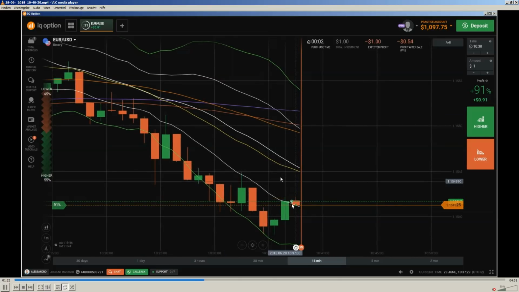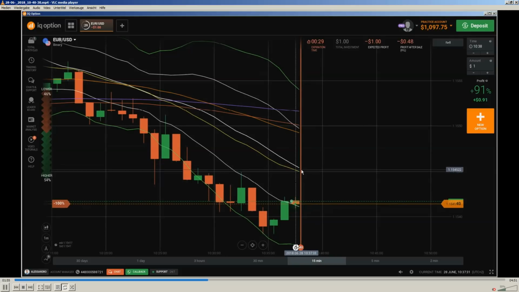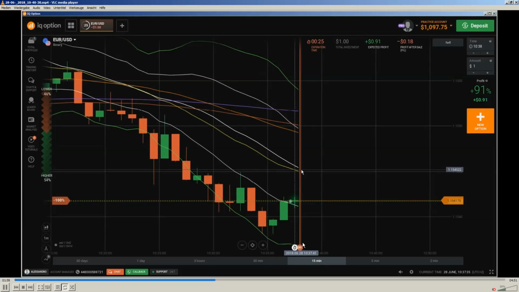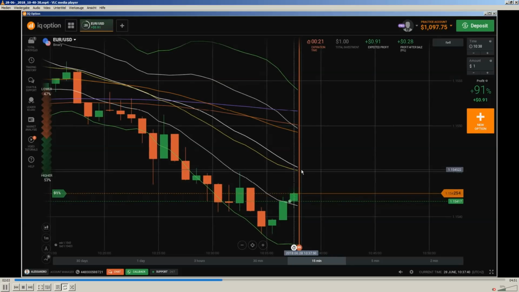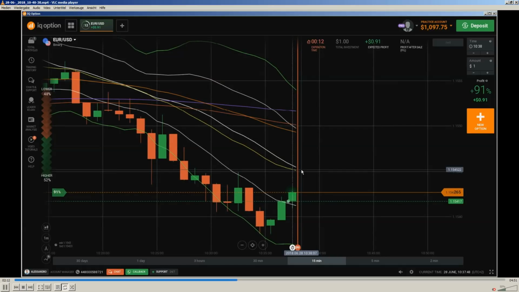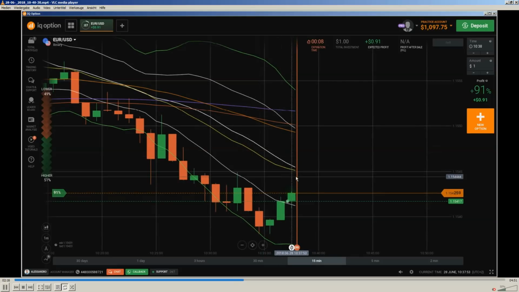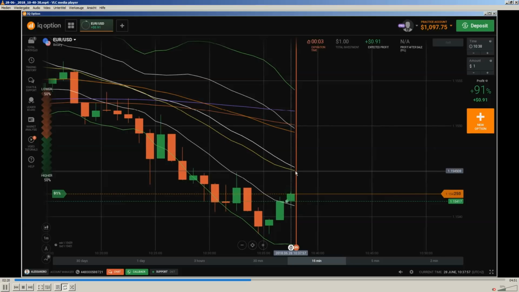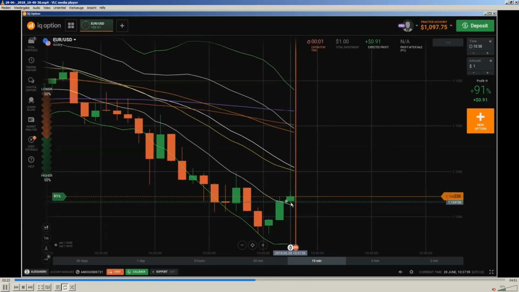We closed here above the 1 deviation Bollinger Band, and that was the reason why I decided in this kind of condition to enter into a call. But that is what is happening now. Let's see, because I try to explain my decisions based on those candles which are occurring now, because I can tell you a lot, but what's important is what I have understood.